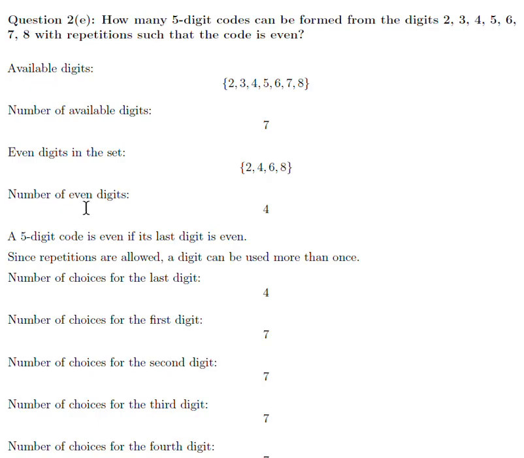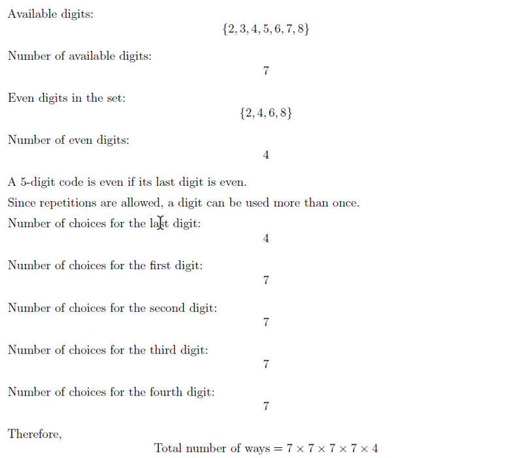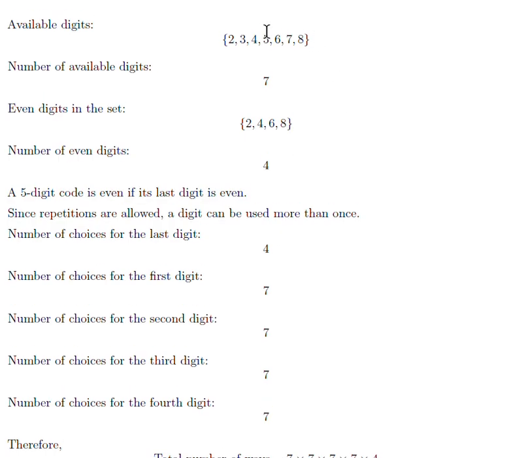Now, because repetition is allowed, a digit can be used more than once. So the number of choices for the last digit, that one is fixed, is 4, right? Now the number of choices for the first digit will remain 7, because we can repeat even the number that was chosen at the last digit, so we're not subtracting anything this time around.